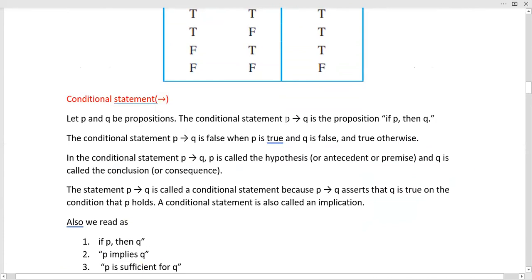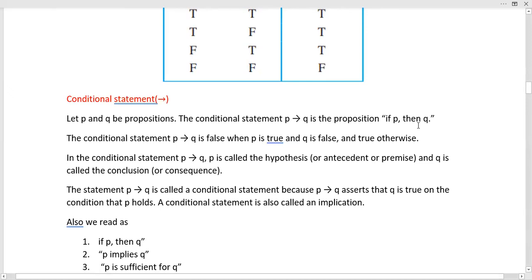The conditional statement P conditional Q, P right-side arrow Q, is the proposition: if P, then Q. What is the meaning of if P, then Q? If P happens, then Q happens. In general meaning, if P happens, then only Q happens.